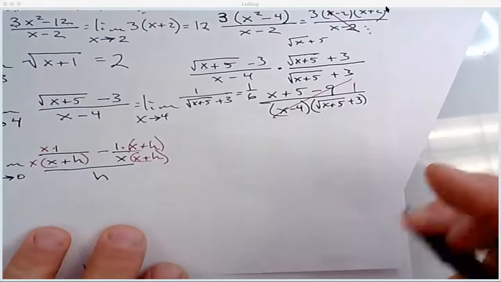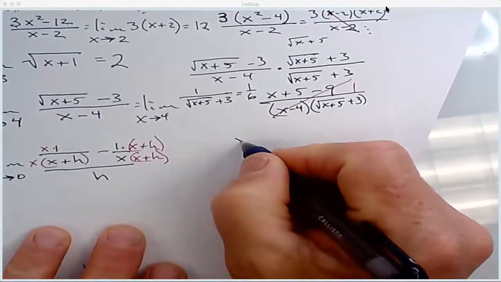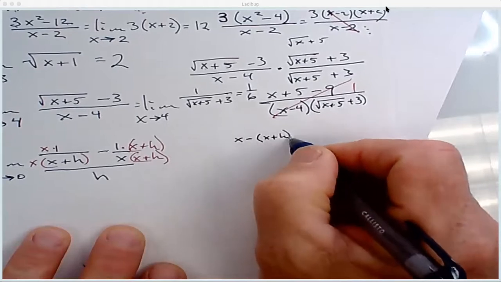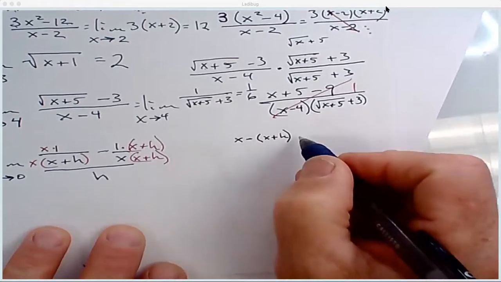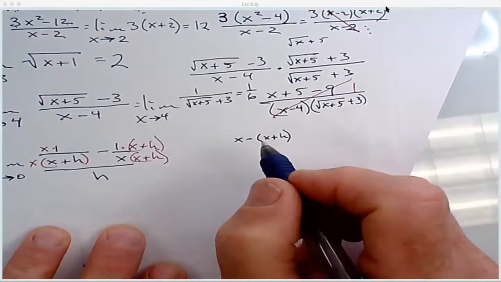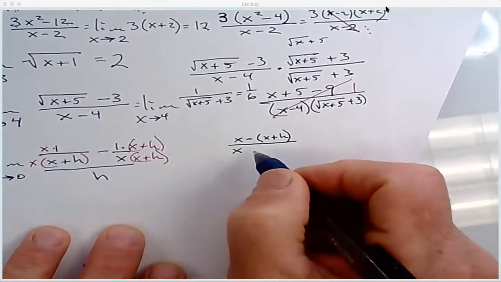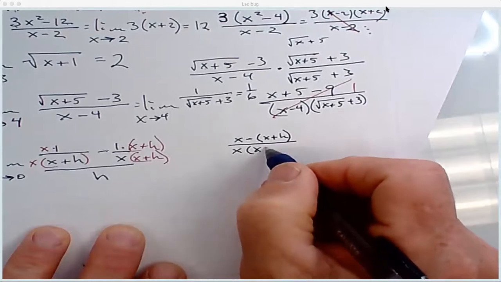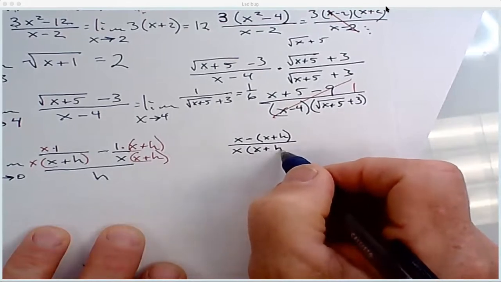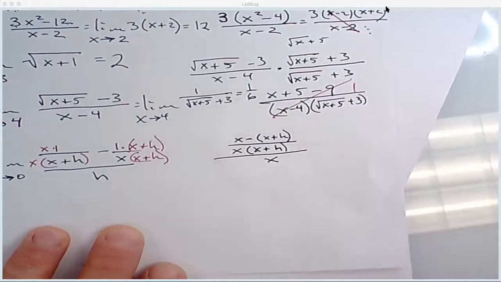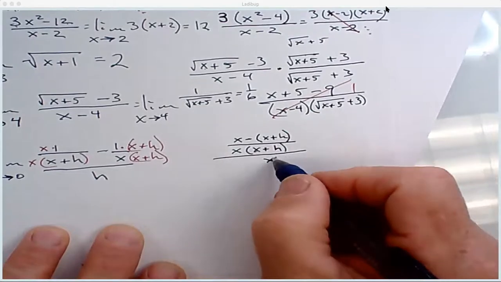this is going to become x minus the quantity x plus h over x times x plus h all divided by x. Excuse me, I screwed up.